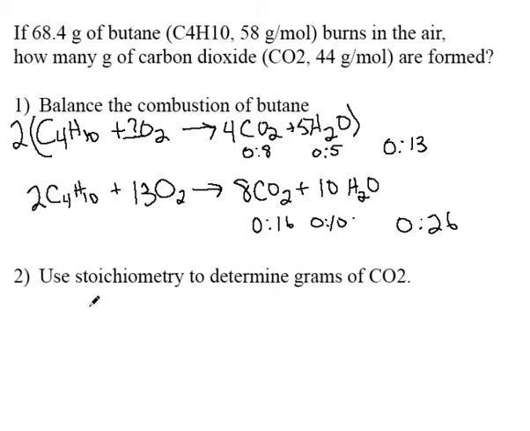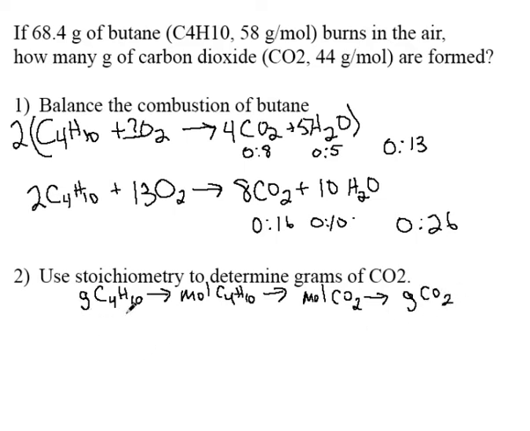Our general procedure is to start with the grams of C4H10, convert to the moles of C4H10, and once we have moles of our reactant, convert to moles of product, which in this case is moles of CO2. Then finally, we convert those moles into grams of CO2. So our strategy is to go from grams to moles, then use the balanced chemical equation to go from moles of reactant to moles of product, and finally convert those moles into grams.